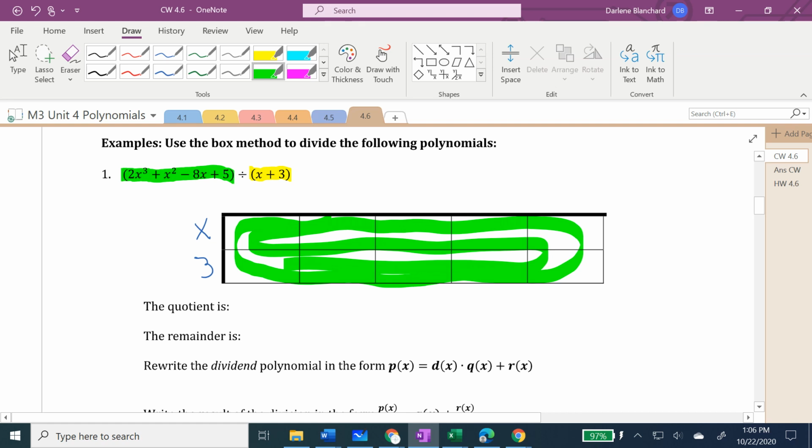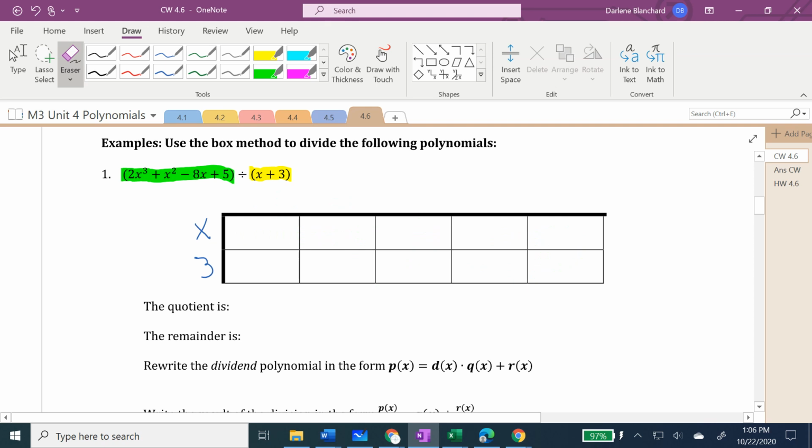What you are trying to do is find out, what do I need to multiply x plus 3 by to get that polynomial that I put in green? And for you colorblind, the 2x cubed plus x squared minus 8x plus 5. I need that third degree polynomial to show up inside the box. So I'm going to show you how to do it.